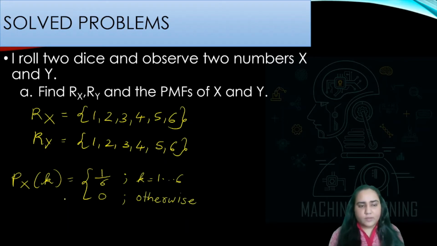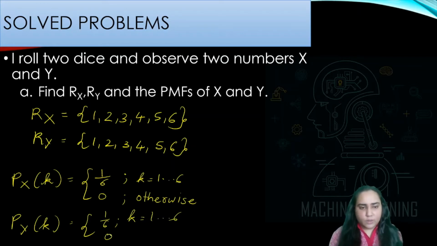Okay, and the same is true for y. So when I'm writing Py of k, it is going to be the same thing, 1 by 6, where k is this value from 1 to 6 and 0 otherwise. So that's very simple to do. Finding the range and the probability mass functions of x and y.